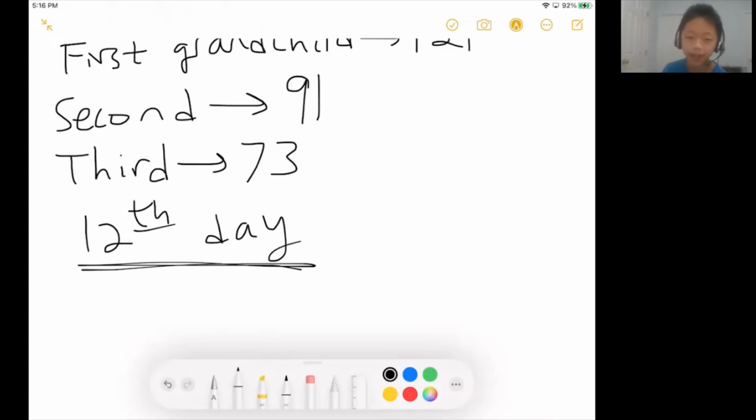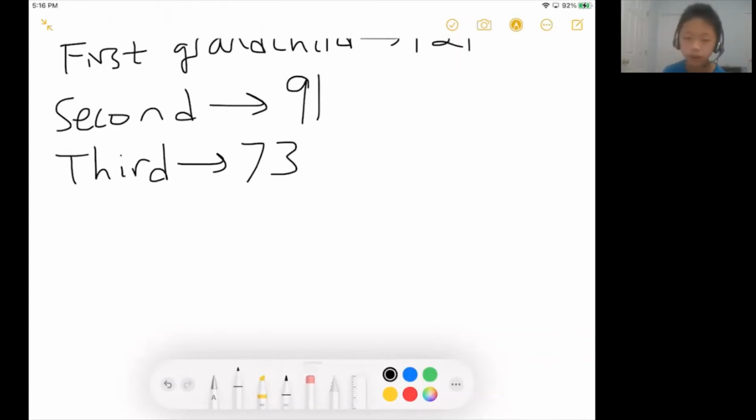The 12th day only counts as 1 day, even though multiple grandchildren called on that day, which is why we have to subtract out the overcounting. That means we have to subtract out the cases when 2 children call and 3 children call. So kind of like that.